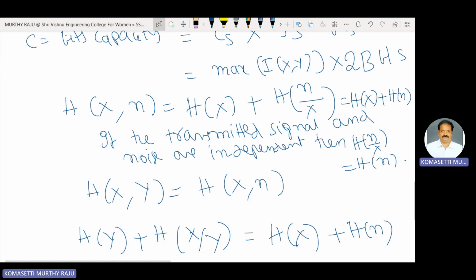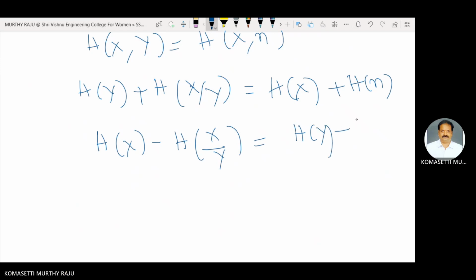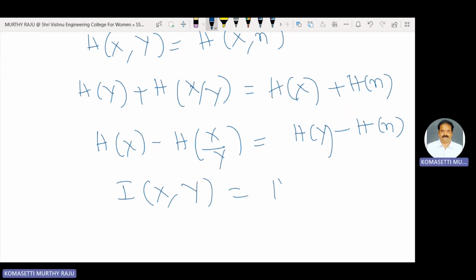H of n by x is h of n. I rearrange this equation. H of x minus h of x by y is equal to h of y minus h of n. H of x minus h of x by y is I of x comma y is equal to h of y minus h of n.